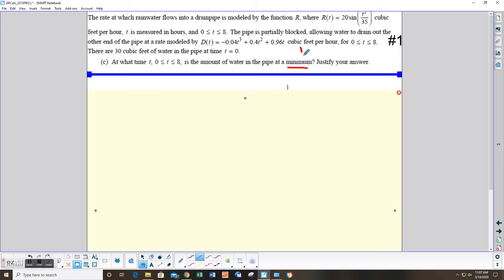So basically you're going to start with R minus D. That's your rate for considering both the water coming in and the water coming out. So since this is your overall rate, the second this equals 0, that is a candidate that we need to test. And of course we also need to test its endpoints. So at 0 you have 30, and then at 8 you should probably check the amount of water also, along with any of these critical points.